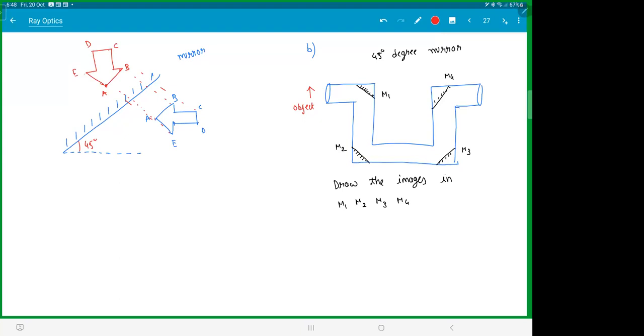Now using the same logic, can you find the image in these four mirrors? So you kept an object in front of a mirror and you have 45-degree mirrors, M1, M2, M3, M4. What options will come in the exam? They'll give four options like this. You have to mark the right one. So how will the image look for that object, which is a vertical arrow? Try, I'll give you a minute.